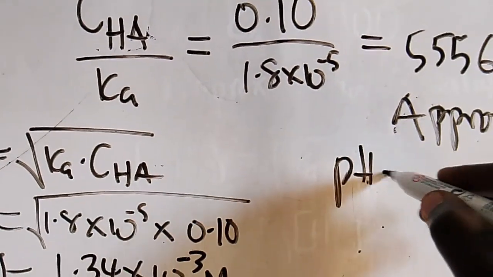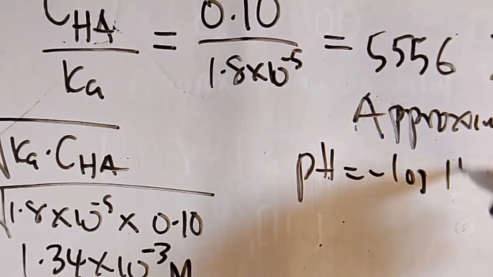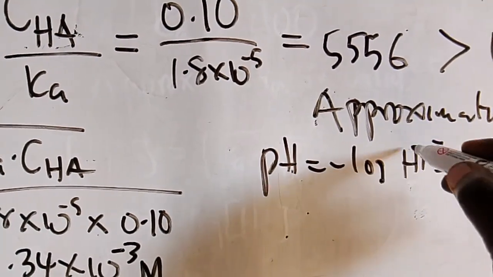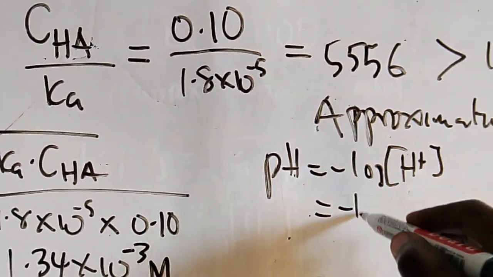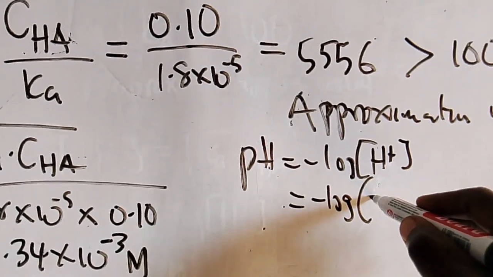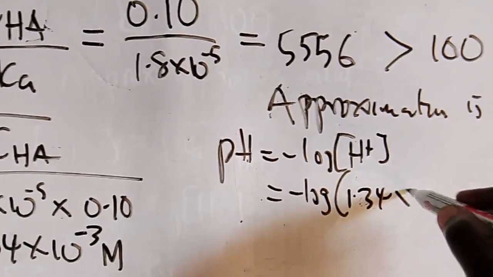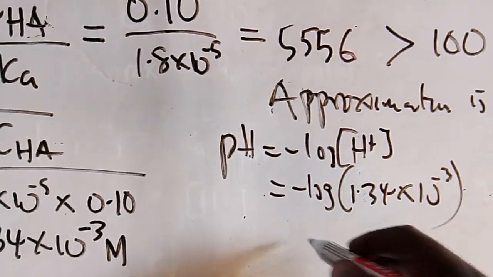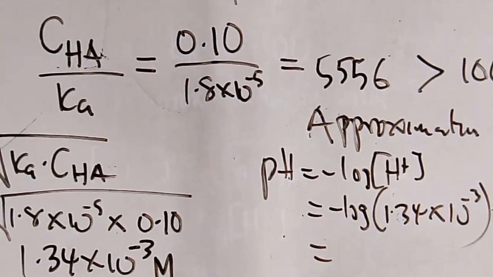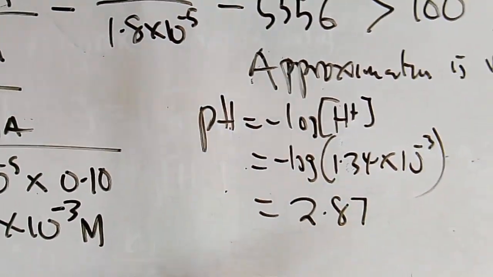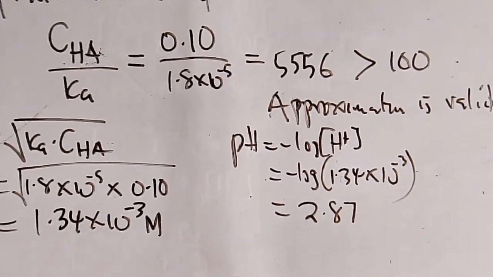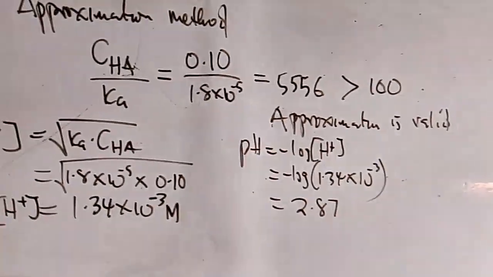So pH is equal to -log of hydrogen ion concentration, -log 1.34 times 10 to the power -3, which gives us 2.87. That's the pH.